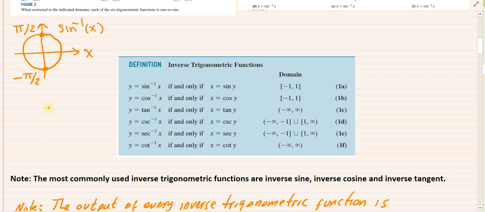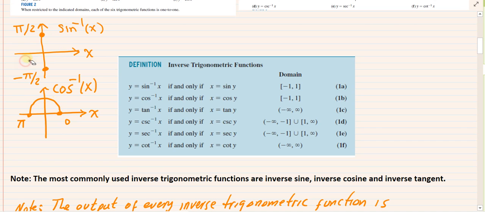Okay, that's the range of sine inverse. For cosine inverse, the range is going to be from 0 to pi. So this is something that helps me remember these ranges. I actually use a circle. Now, if I actually use a half circle, that makes it a little easier. There you go. So those are the ranges of those inverses.